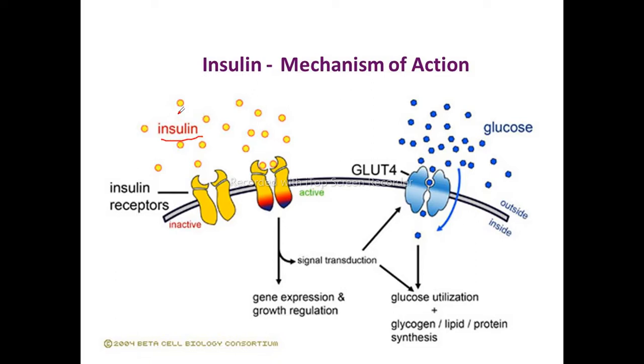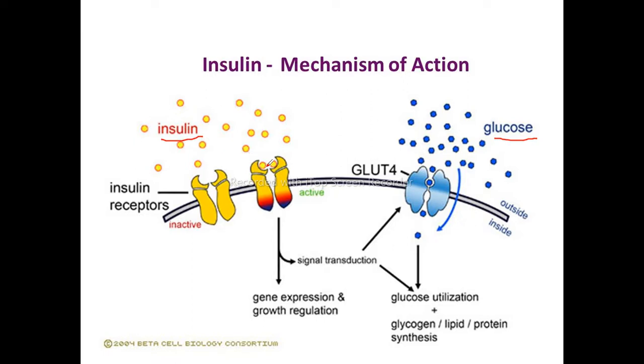What insulin does is enable the cells to pick up glucose. So we have a lot of glucose in blood. For this glucose to be picked up by the cells, it will require insulin to open up the cell. So this is what insulin does.